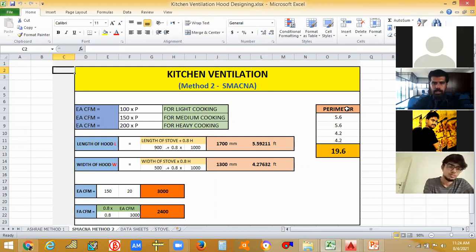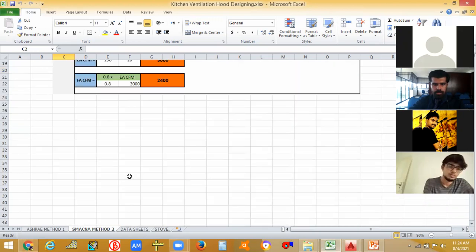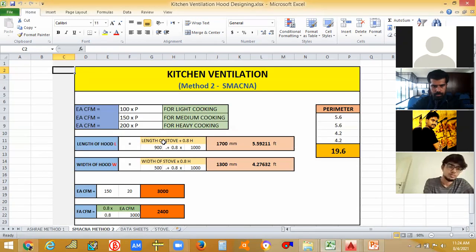So I believe you can see the kitchen ventilation. I'm going to delete all these things.